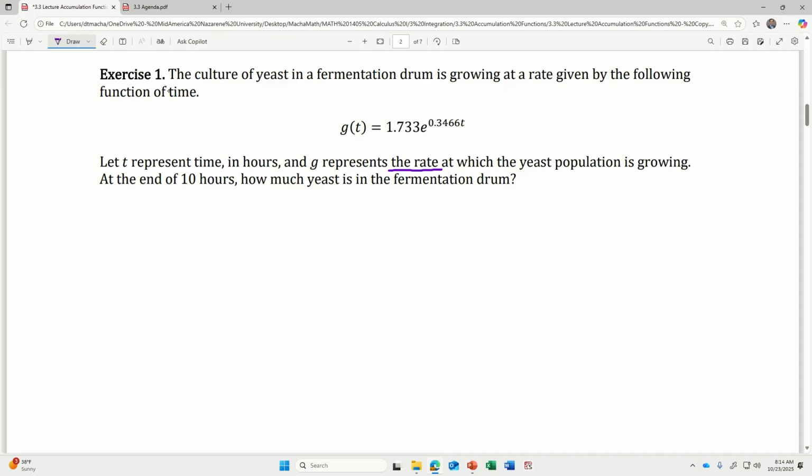Make an integral. Lower bound 0, upper bound 10. The integrand is going to be my rate of change. And the rate at which the yeast is growing is the rate of change of the yeast population.